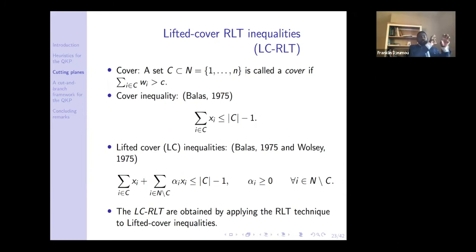So you can take at most the cardinality of the set minus 1. So that's the cover, and this defines the cover inequality. So you can take at most the cardinality of your cover minus 1. And the lifted cover is that you can also associate some of the items that are not part of your cover set.